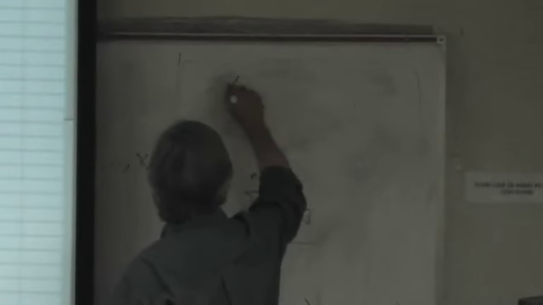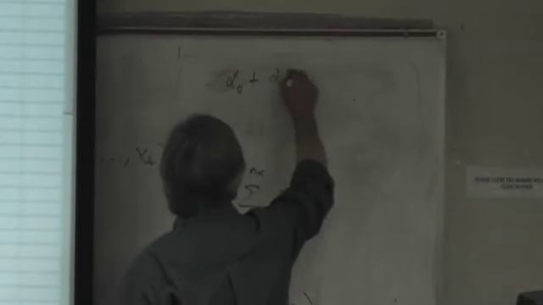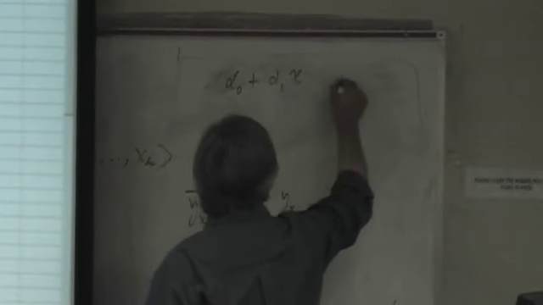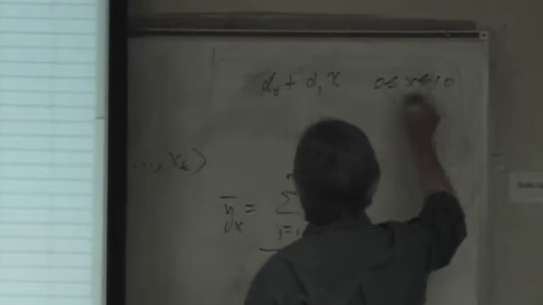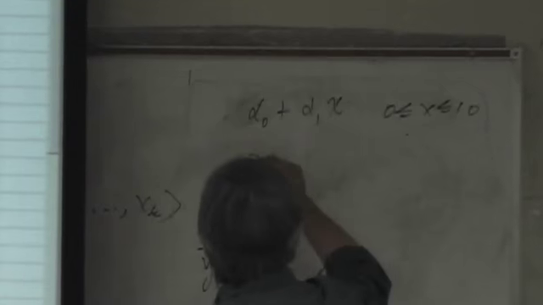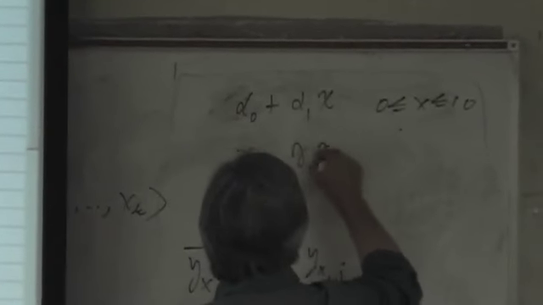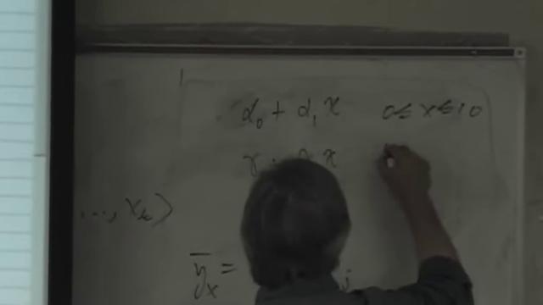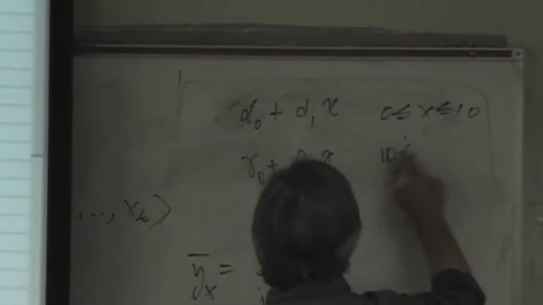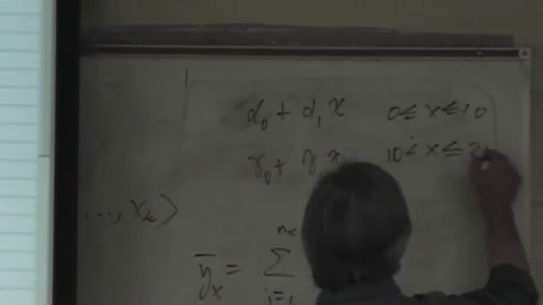I think I modeled this as alpha 0 plus alpha 1x for x between 0 and 10, and gamma 0 plus gamma 1x for 10 less than x less than or equal to 20 or something like that.